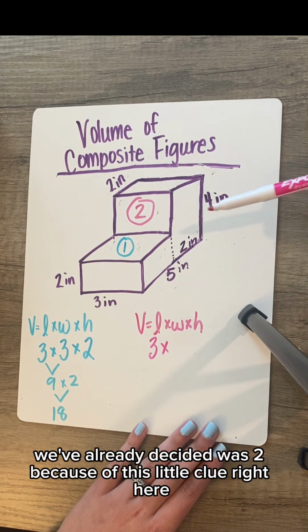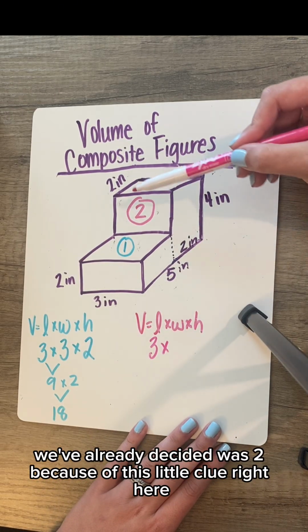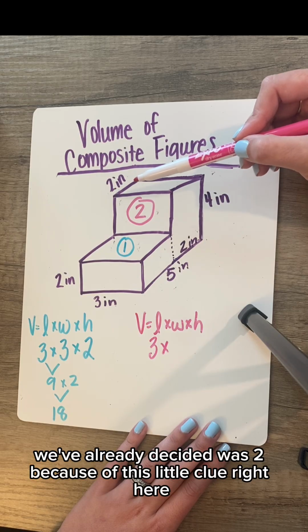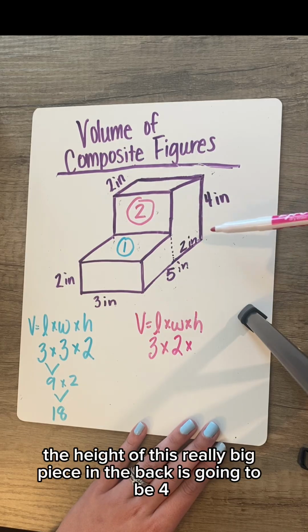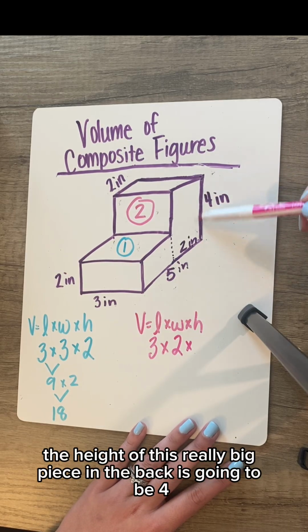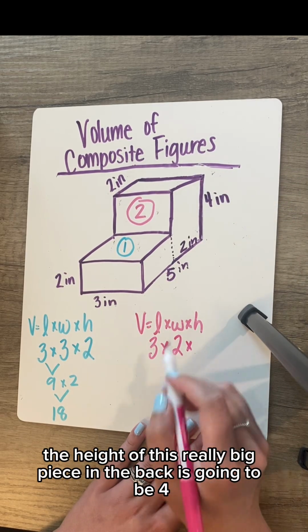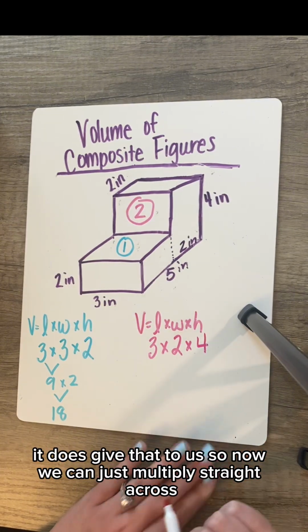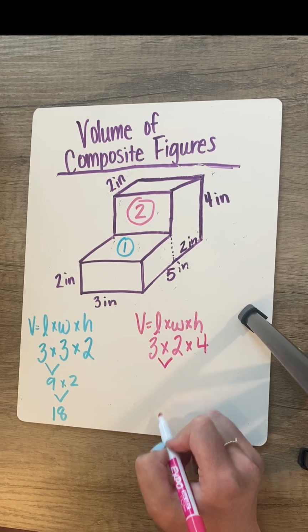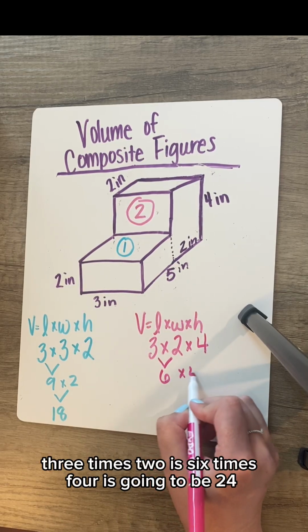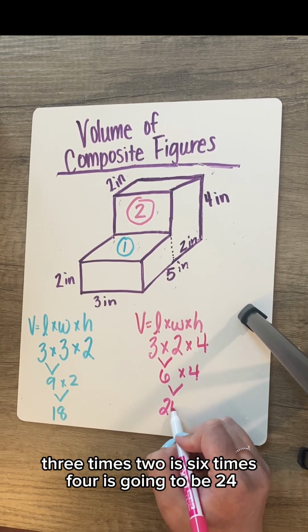The width, we've already decided, was 2 because of this little clue right here. So we're going to put that as a 2. And now the height of this really big piece in the back is going to be 4. It does give that to us. So now we can just multiply straight across, left to right. 3 times 2 is 6, times 4 is going to be 24.